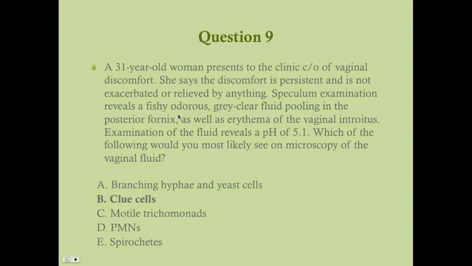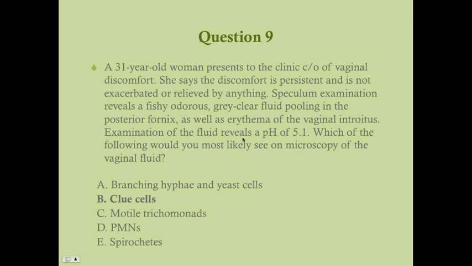With trichomoniasis, you're going to have a putrid smell. So that fishy odor should point you towards bacterial vaginosis. No odor would point you towards a yeast infection, but in that case, you wouldn't have fluid pooling. You would have what you would normally see in any candidal infection, which would be like a curdy discharge.